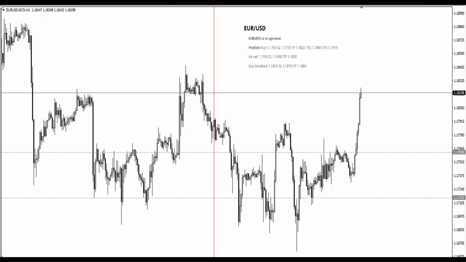But then again, I said on the live trading webinar, go long at 1680, and at least if you took the trade from the live trading webinar that I made, you could have made a nice amount of pips.